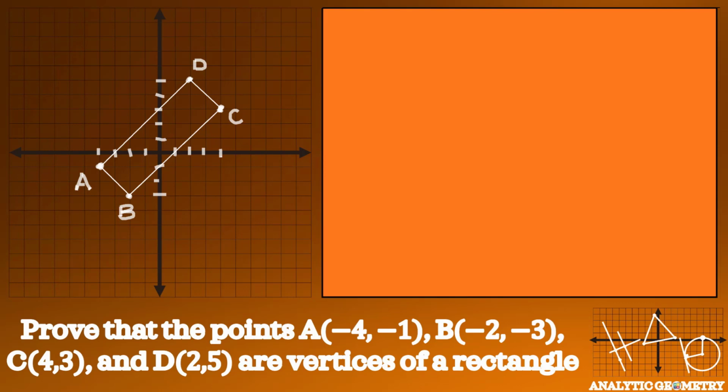In that video we could also have used the second method I'm going to present here, but we specifically used the length of the sides. So I'm not going to show the proving using length of the sides. I want you to check the previous video on showing the vertices of a parallelogram.